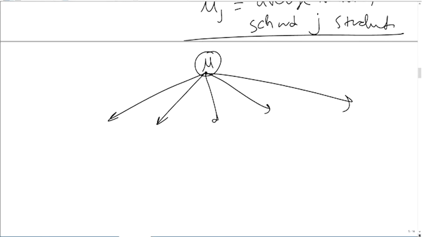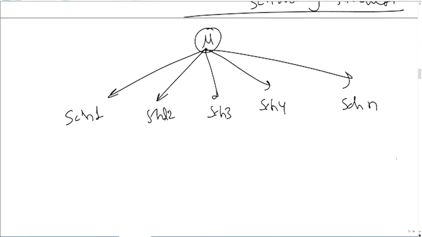So, school level competence. So, competence of school 1, school 2, school 3, school 4, and let us say school n. Okay. What do you have for all these schools? School level mu. So, let us call it mu 1, mu 2, mu 3, mu 4, mu n.